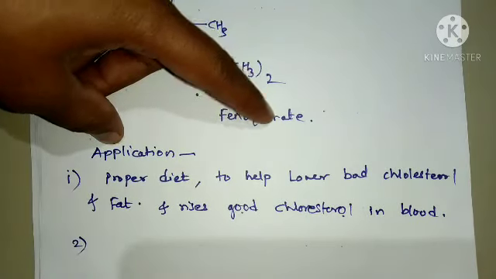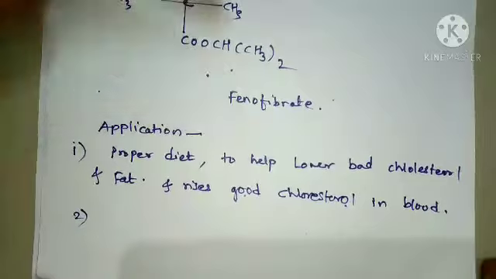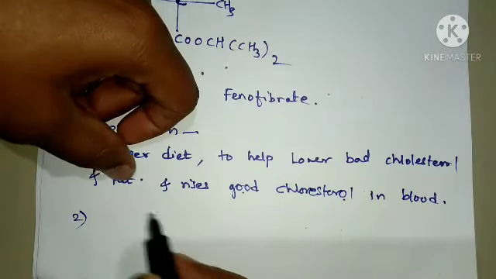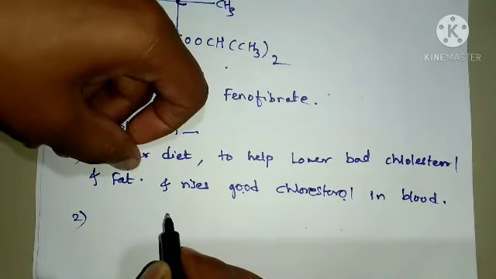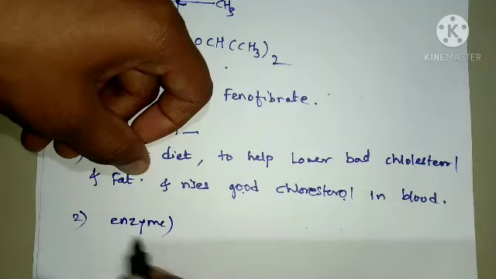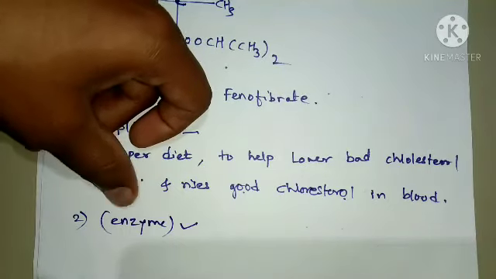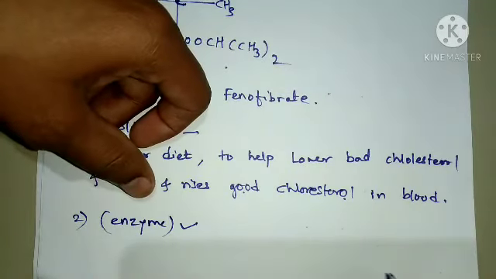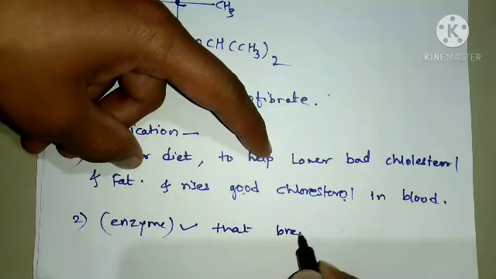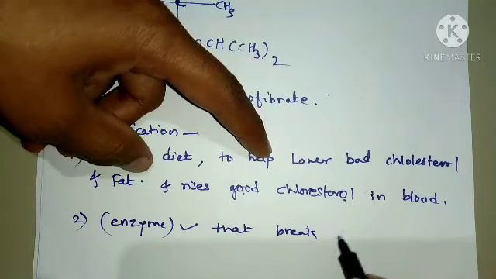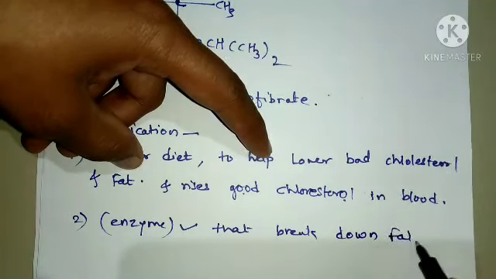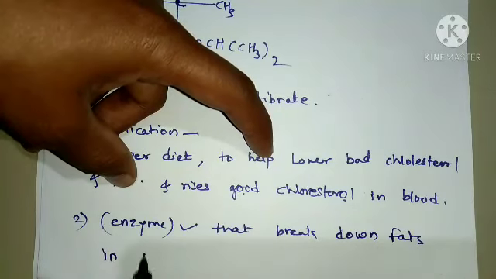Then the second use of fenofibrate is that it works by increasing a natural substance, that is, an enzyme. Natural substance means what? Enzyme. It increases the enzyme level, and that breaks down fats in blood.